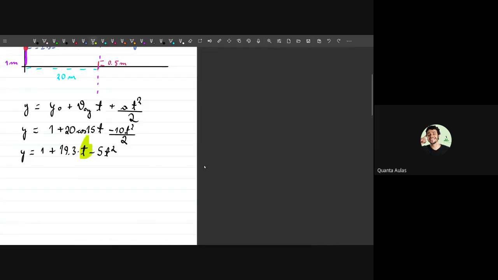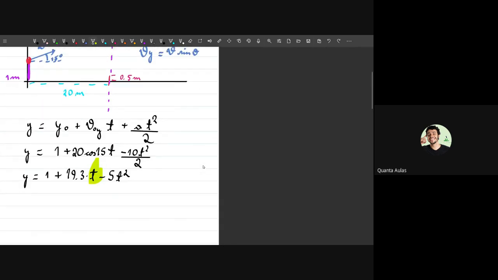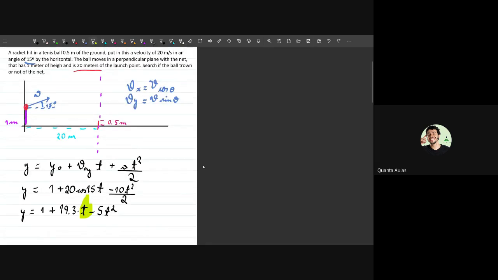Because we know the range is 20 meters, and we know the velocity, and we know the equation. X equals basically v0x times t.